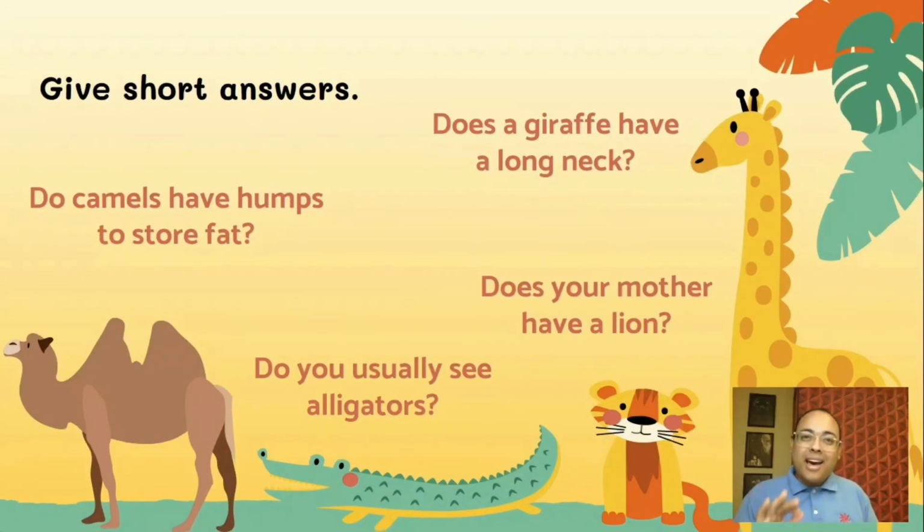I hope you don't have a lion inside your house. So probably you answered no, she doesn't. Does a giraffe have a long neck? If you observe the picture, you can see. Yes, yes, it does. Okay, you cannot use he or she because you don't know if this giraffe is male or female, okay? So that's why you need to use it.